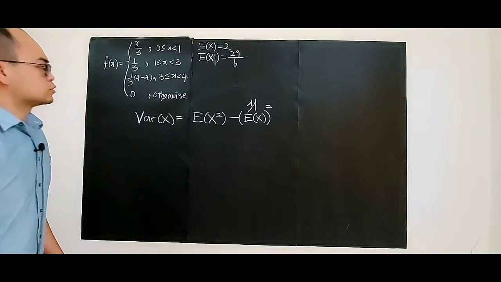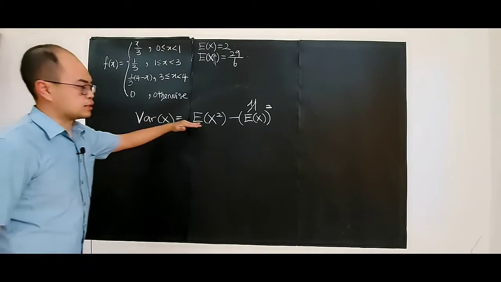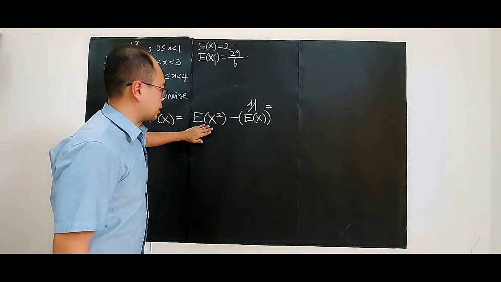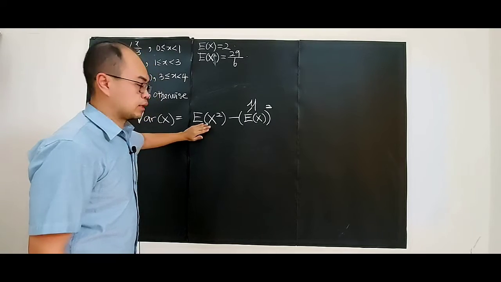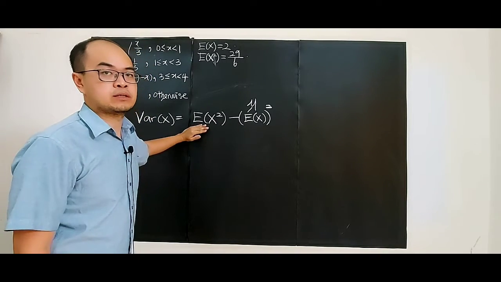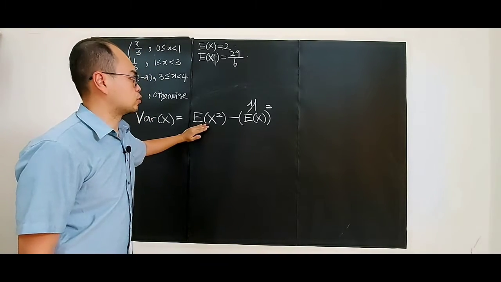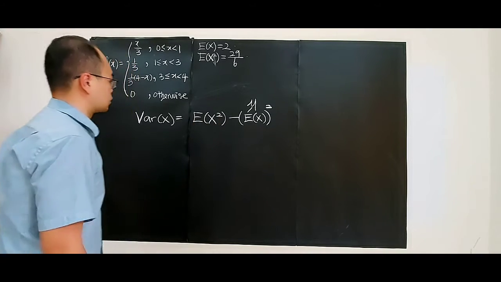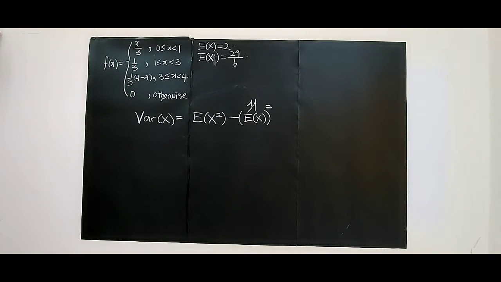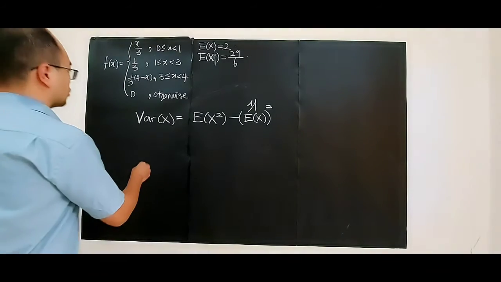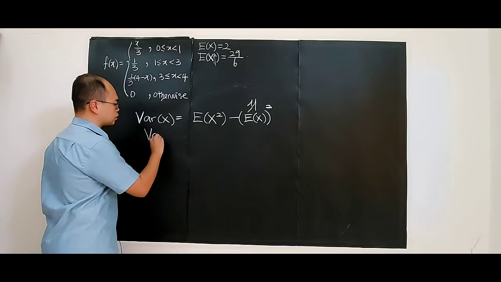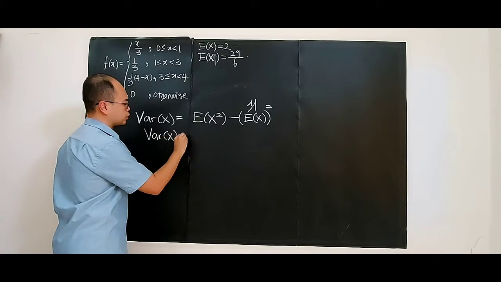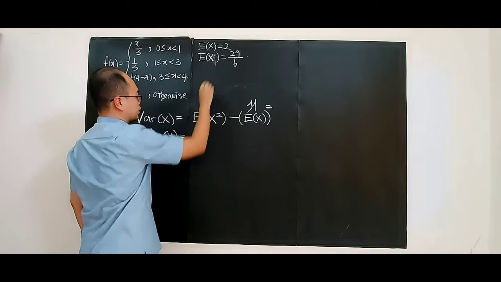This formula is the same for discrete and continuous random variables. So how to evaluate the variance for this distribution? For the variance of x, we already know the value of the expectation of x squared.